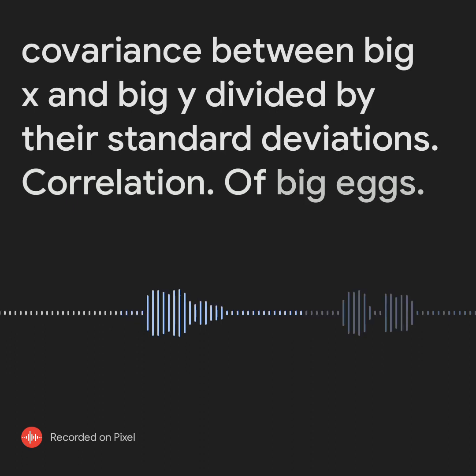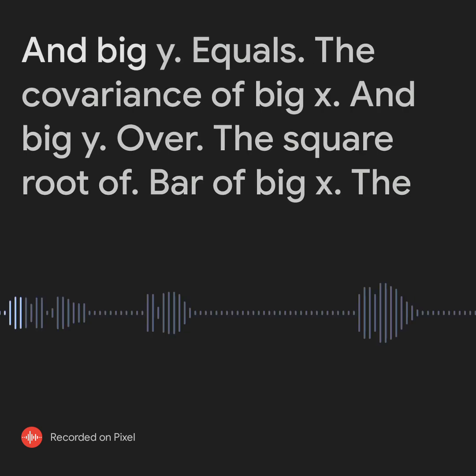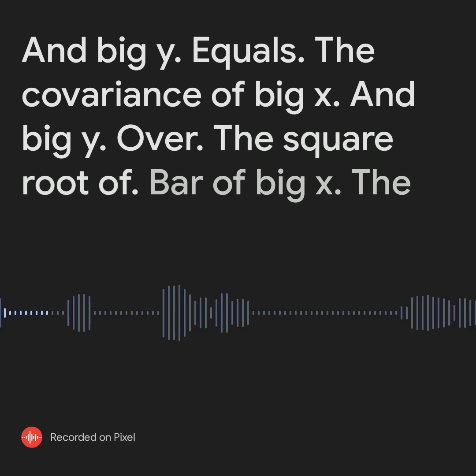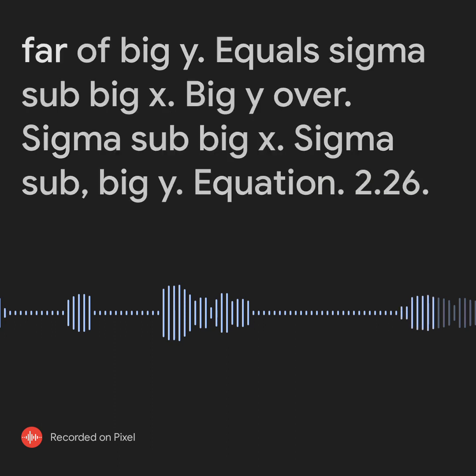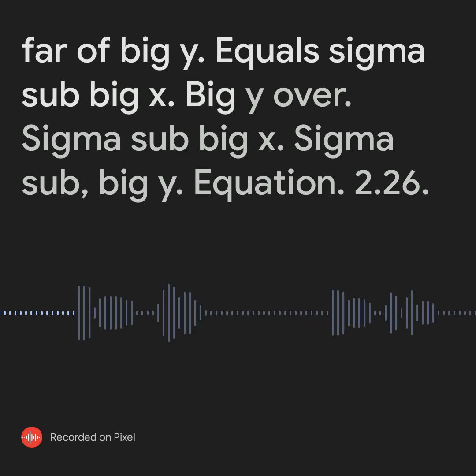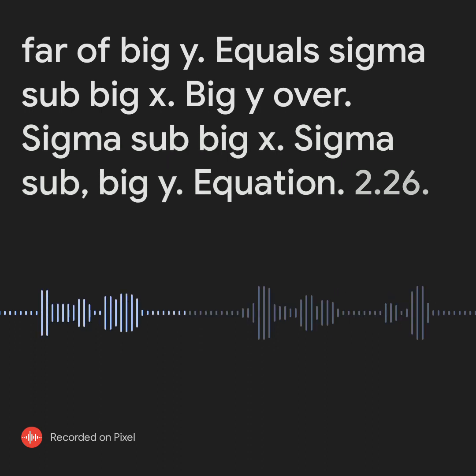Correlation of X and Y equals the covariance of X and Y over the square root of var of X times var of Y, equals σ_XY over σ_X σ_Y.